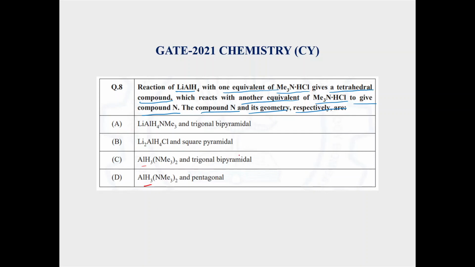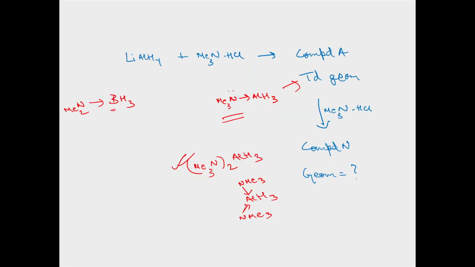So now what is the geometry of this complex? Earlier it was given that for compound A the geometry was tetrahedral. On adding one more ligand, what is the higher symmetry? It goes trigonal bipyramidal. Pentagonal we say if we have a planar molecule like this. This is a pentagonal shape.